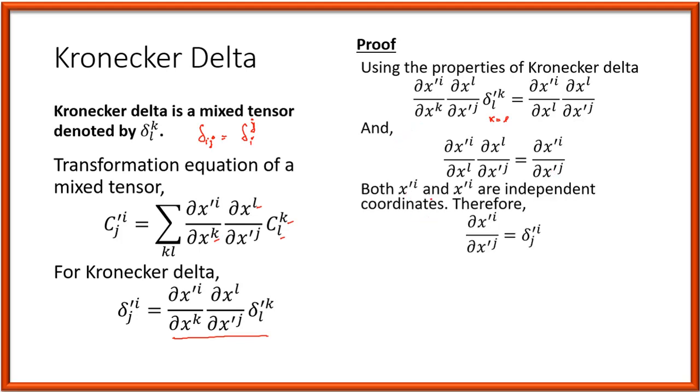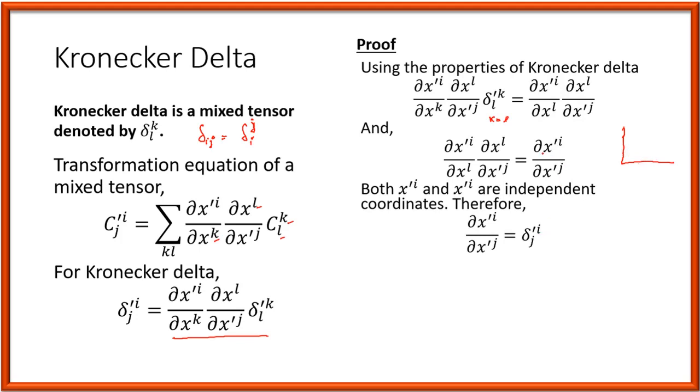Now xi dash and xj dash are both independent coordinates, that is, both are orthogonal coordinates. So there is no chance that any component of xj will lie along the xi axis.